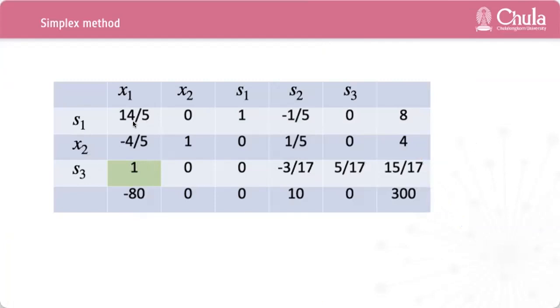And we have to make this element to be 0. This element must be 0 too. In order to make this one 0, we multiply this line by 14/5, and then we subtract it from this line.